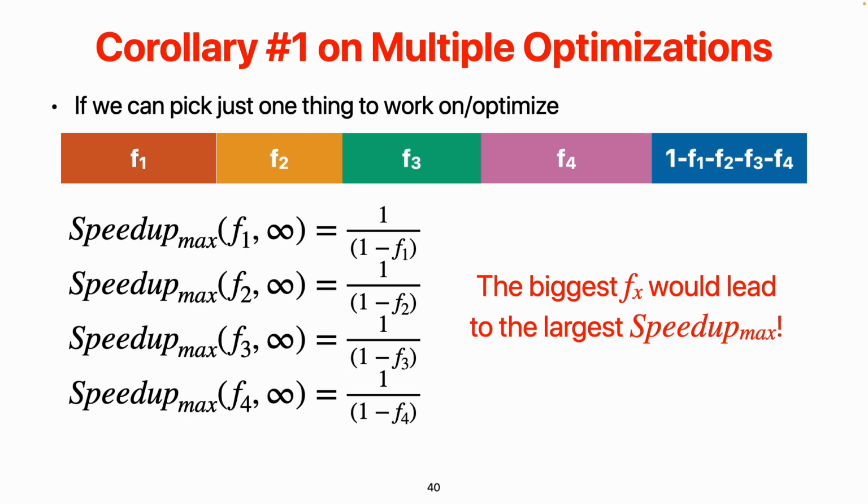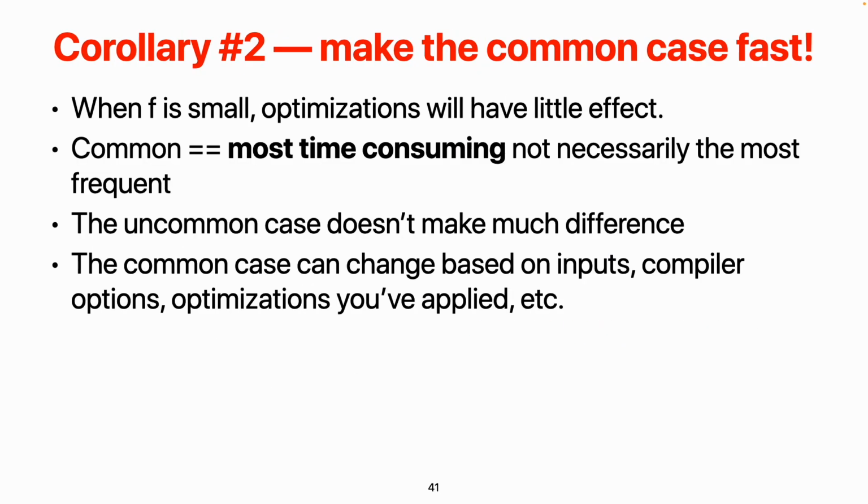Based on Amdahl's law, we can tell the biggest fraction of the time that we may optimize would probably be the one worth investigating. So that goes to a golden rule of computer system design or even software engineering.